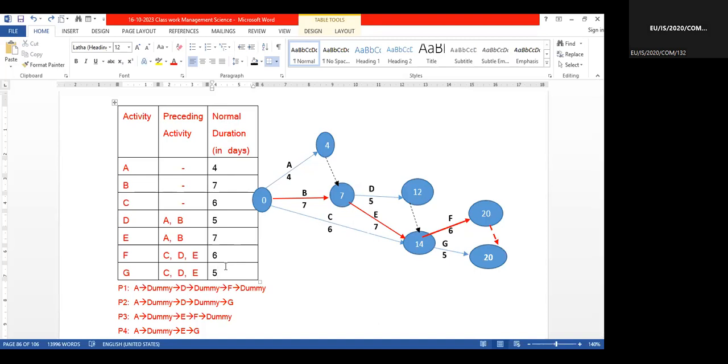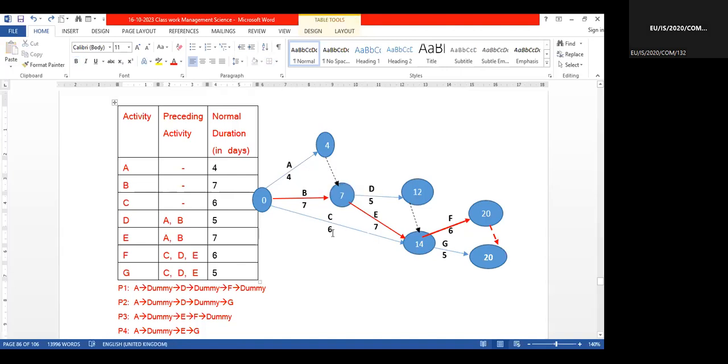So now we have to find the overall project completion time, right? How to do it? We replace these figures: A 4 days, put it here, B 7 days. Below the arrow we have to put the durations.